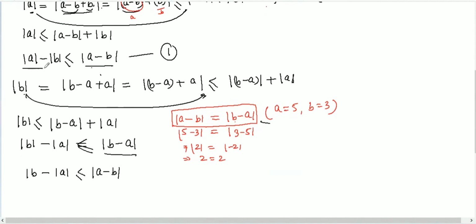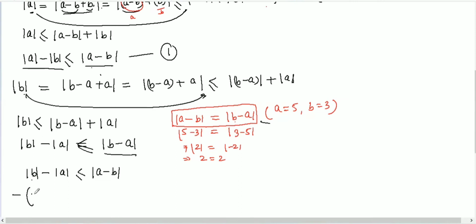But in the first equation, you can see absolute value of A minus absolute value of B, but here absolute value of B minus absolute value of A. Let's make it absolute value of A minus absolute value of B. For that, we need to take minus common.